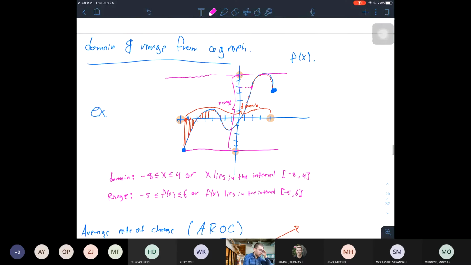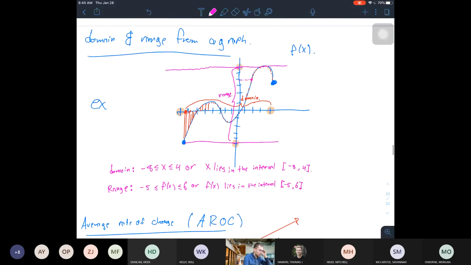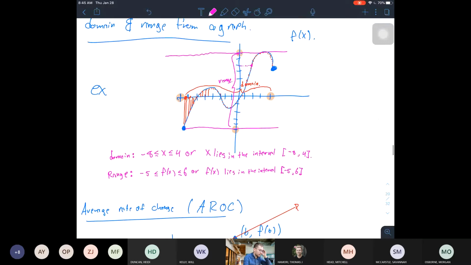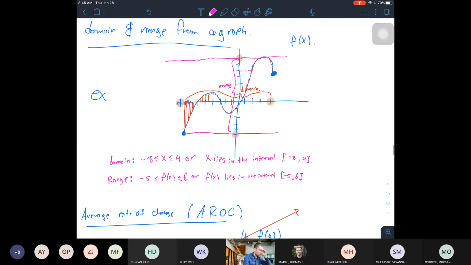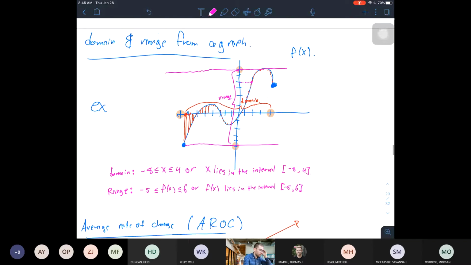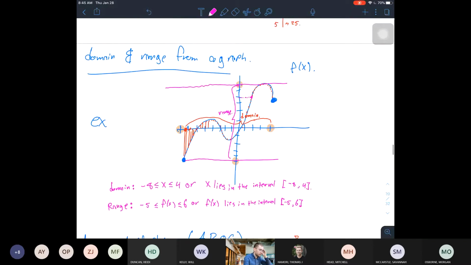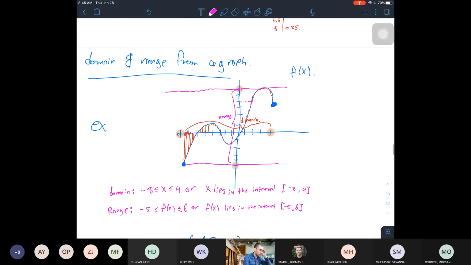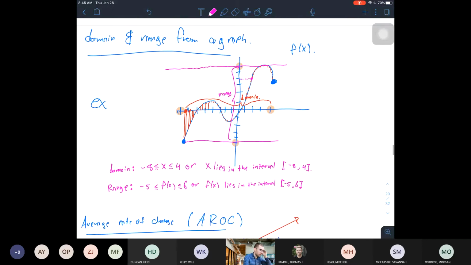So then we talked about how to find the domain and range from a graph. We looked at this one here. We just saw, well, if we have a continuous function, which we can draw without picking up our pencil, then the range is just going to be the smallest possible y value all the way up to the largest possible y value.